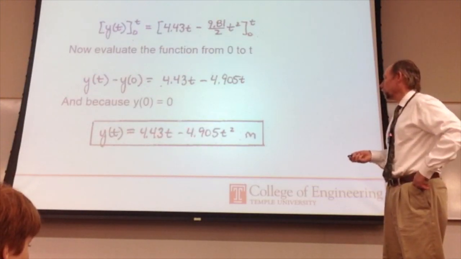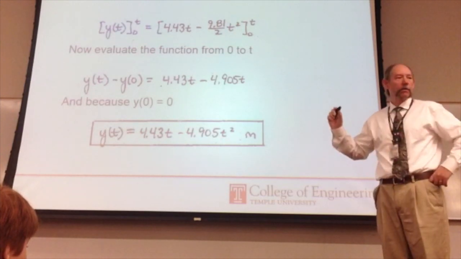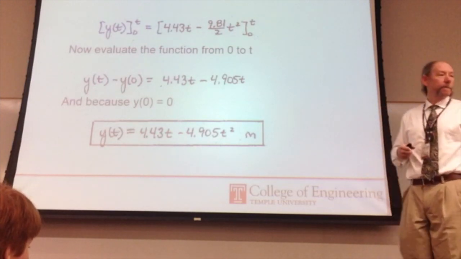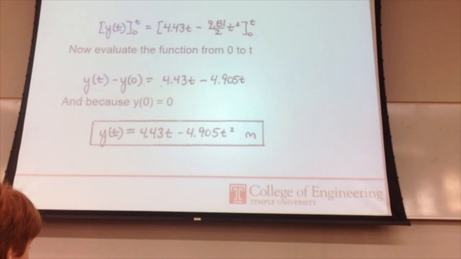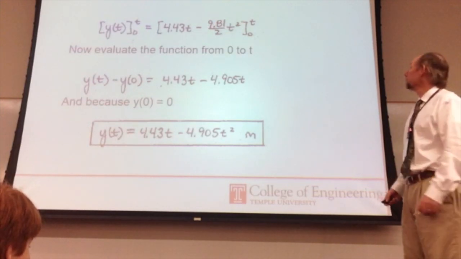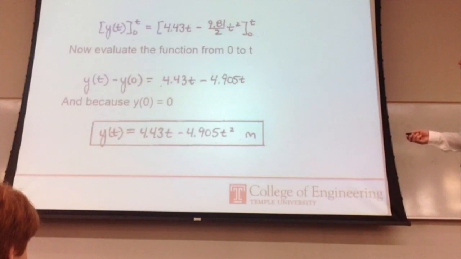But to do that, you have to have fairly small values of t. Yes? The negative 4.905 t squared comes from the negative 9.81. Yes. Oh, here, this should be t squared. Yeah, I found it back here, though.